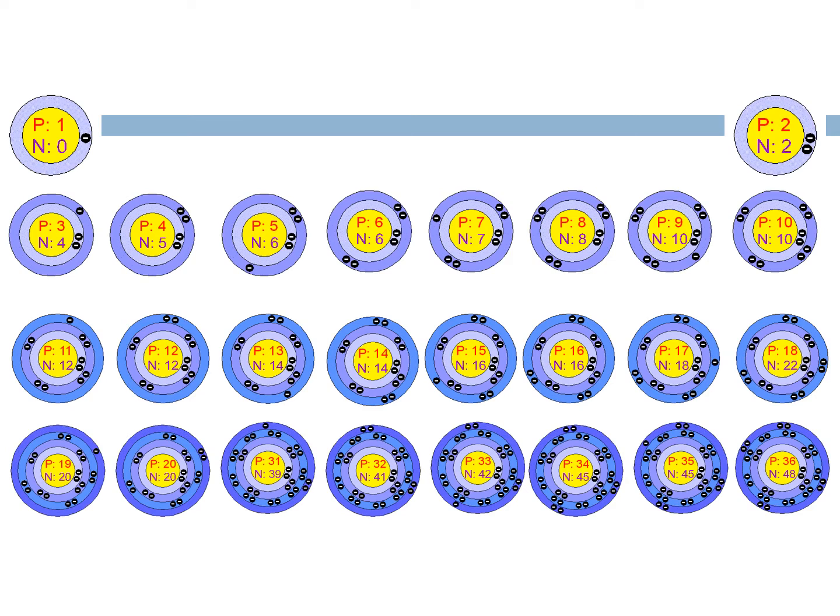So you can see here, looking at the periodic table, we have hydrogen with 1 proton and 1 electron in the first energy level, and then helium with 2 protons and 2 electrons in the first energy level. And then when you go down to the next level, you have 2 rings now.